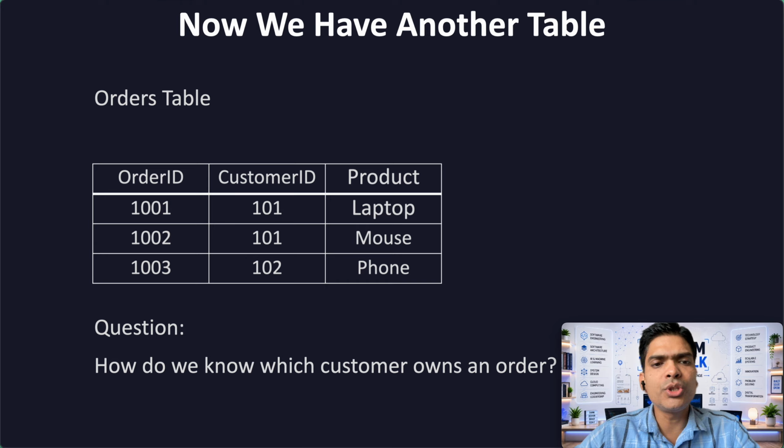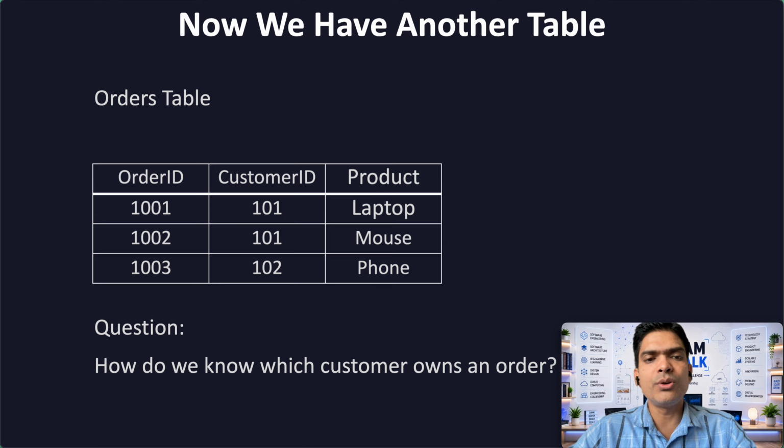Order 1001 belongs to customer 101. Order 1002 belongs to the same customer 101, and order 1003 belongs to customer 102. So customer ID is helping us create a relationship between these two tables.